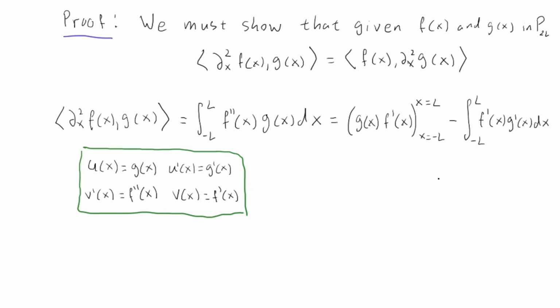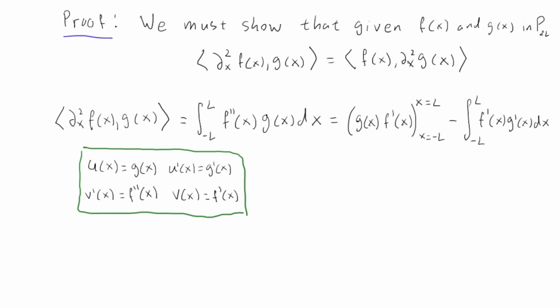Okay. Now, one of the very nice things that happen here is because we are considering periodic functions, this function here, g of x times f prime of x, is also periodic, as you can see, right? g of x plus 2L times f prime of x plus 2L is going to be equal to g of x times f prime of x.